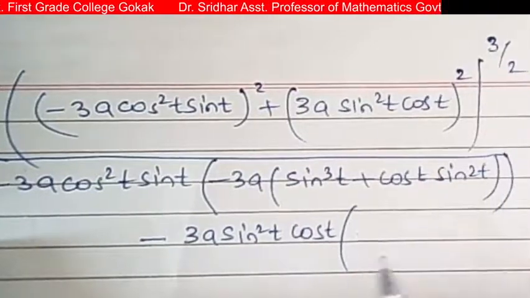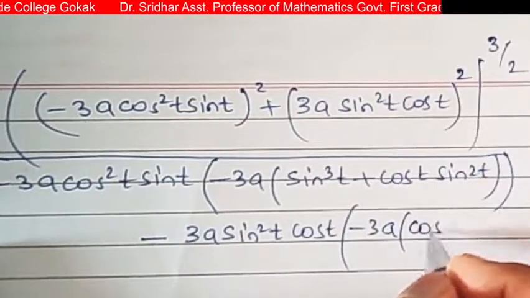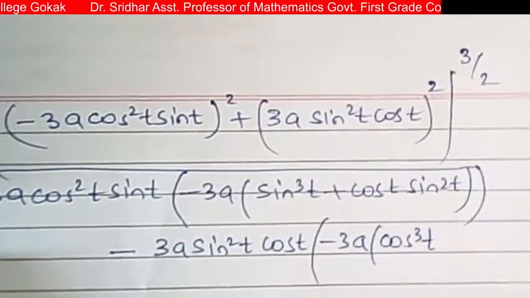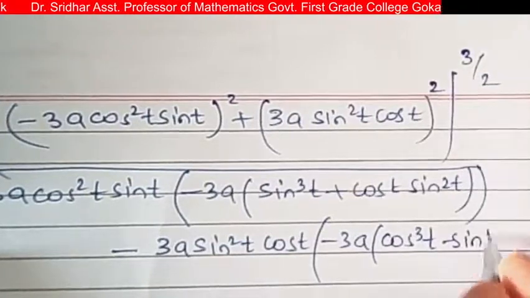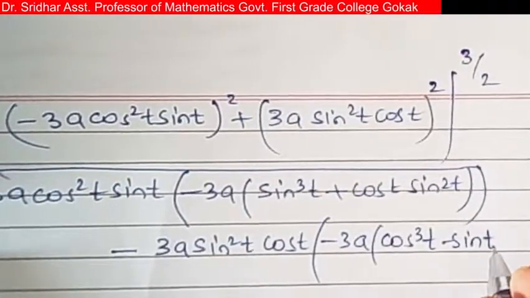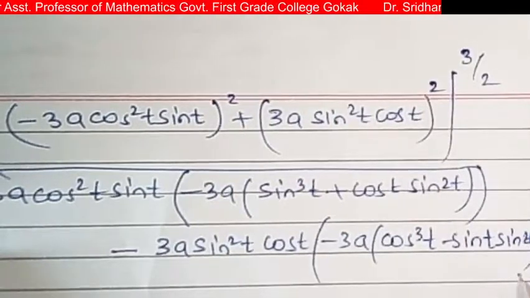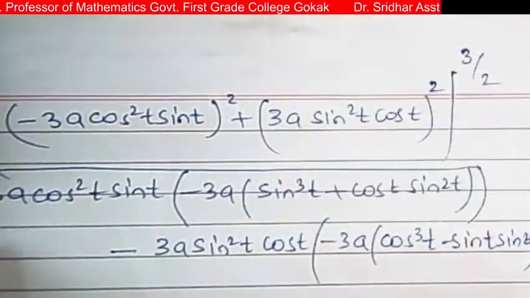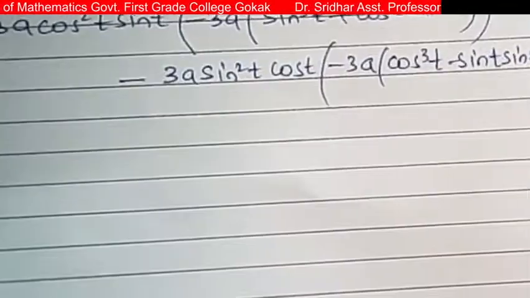So x double dash is again minus 3a into cos cube t minus sin t into sin 2t into sin 2t. So this I will get the radius of curvature.